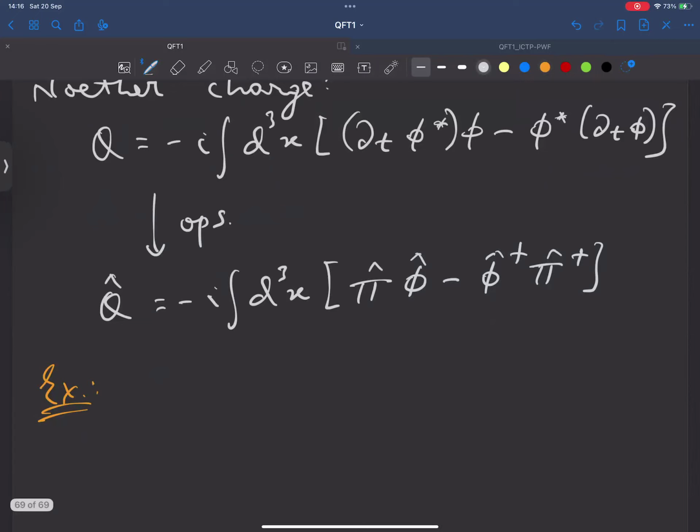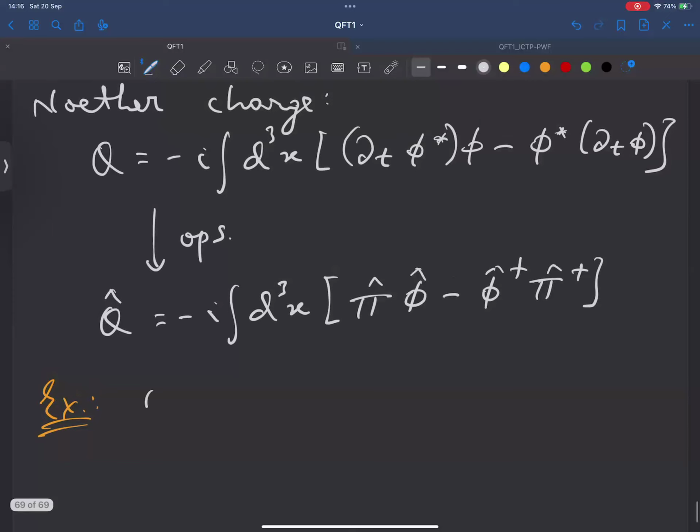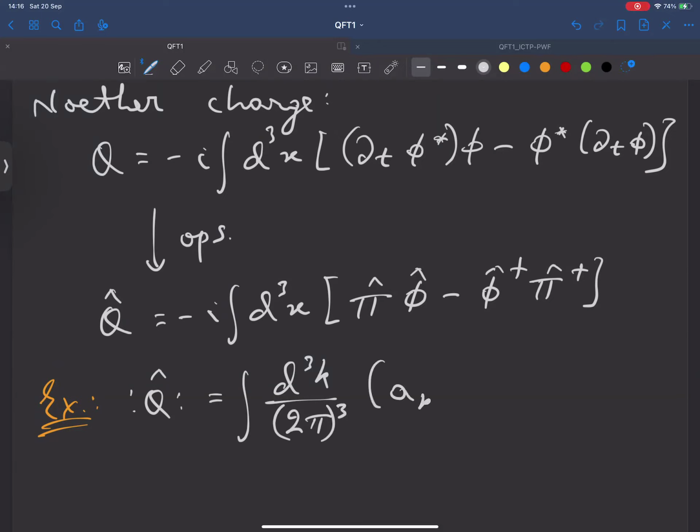We now know how to work with integral signs, Fourier decomposition, and commutators inside an integral. It is a straightforward but a bit tedious exercise to show that, when normal ordered, it gives you the quantity a_k dagger a_k minus b_k dagger b_k.